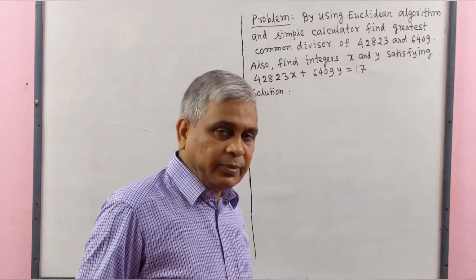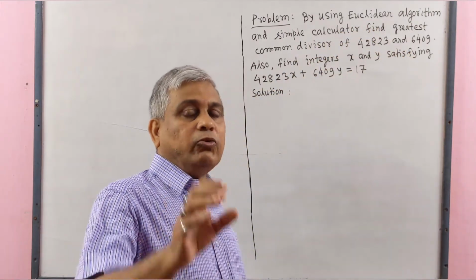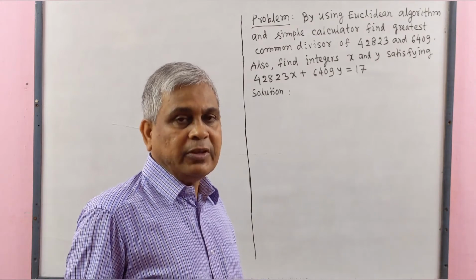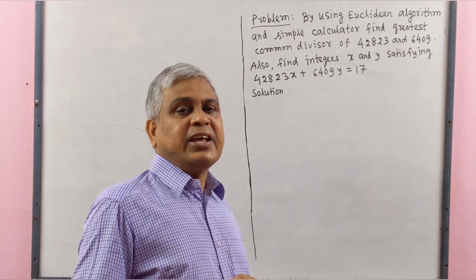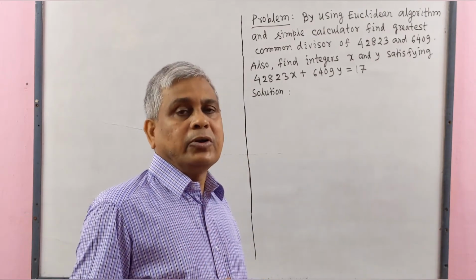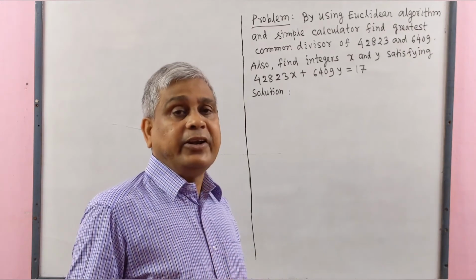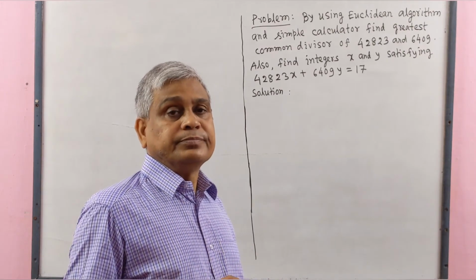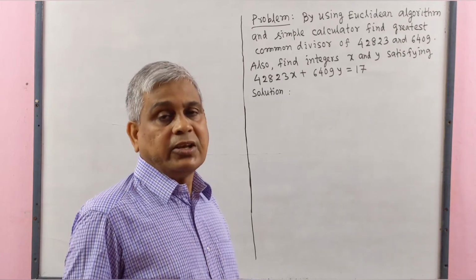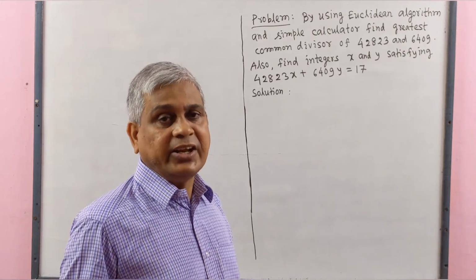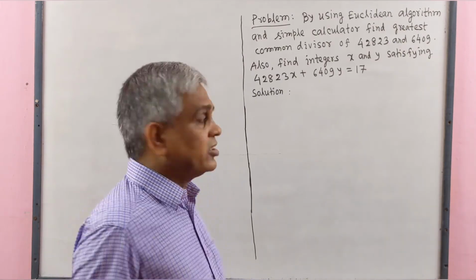Now we solve this by using the Euclidean algorithm. In the Euclidean algorithm, the repeated application of the division algorithm is used to find the GCD of two integers.